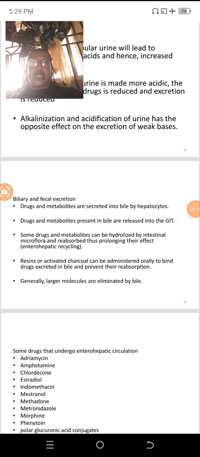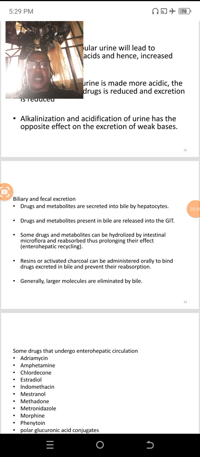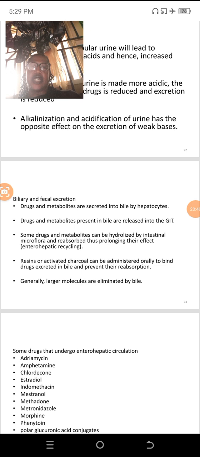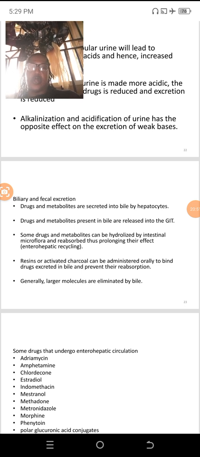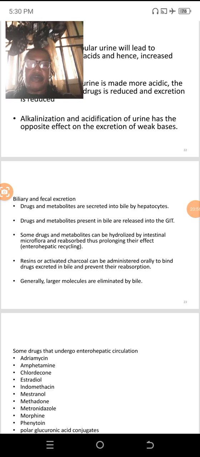So to prevent enterohepatic recycling of drugs, resins or activated charcoal can be administered orally. This will bind the drugs that are excreted in bile and prevent their reabsorption. Drugs are also excreted into saliva, tears, and sweat. Drugs excreted into saliva are swallowed and then excreted in feces.